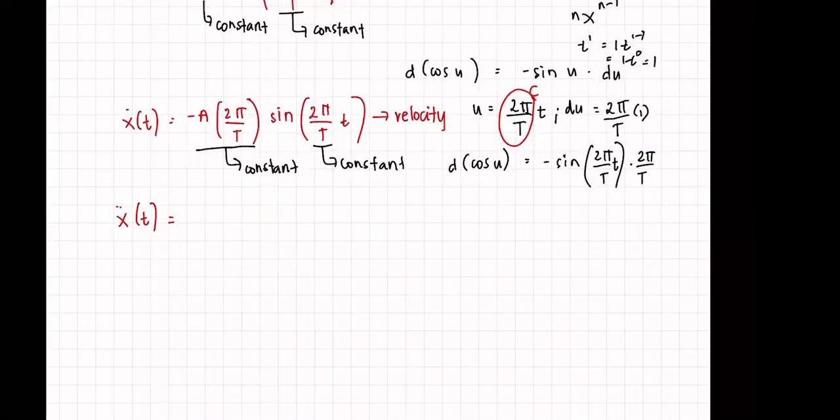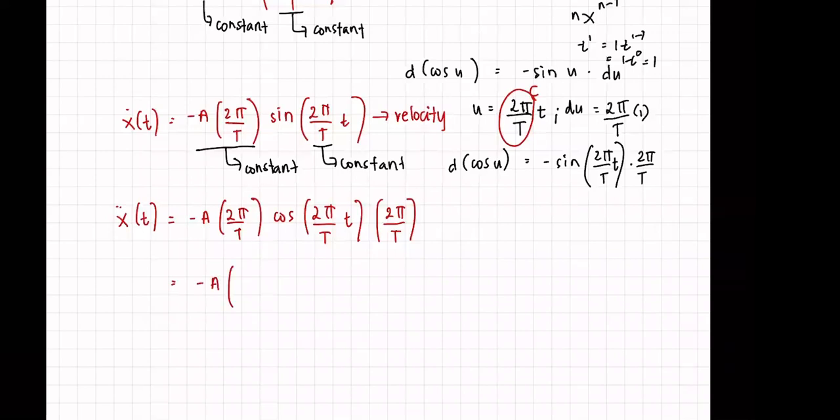So, pwedeng copy lang natin to. Then to will be cosine 2 pi t over t. And derivative ng nasa loob niya is same lang nung kanina, 2 pi over t lang ulit, no? So simplify, we have negative A, then 2 pi over t squared, cosine of 2 pi t over t. Ito yung ating acceleration.